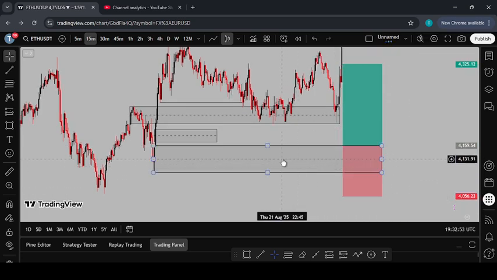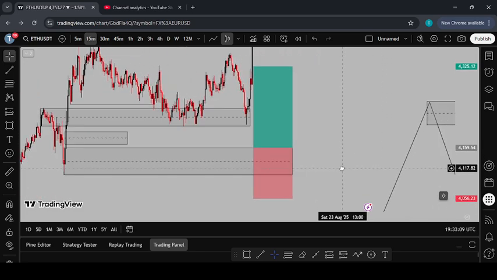Is it wrong? No, you didn't do anything wrong. You were analyzing, but you did not know of this particular POI that you need to use, which was the one that was here before this.